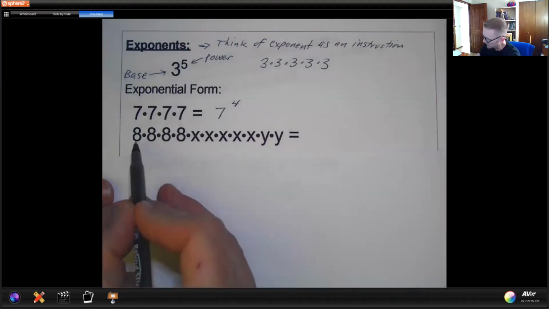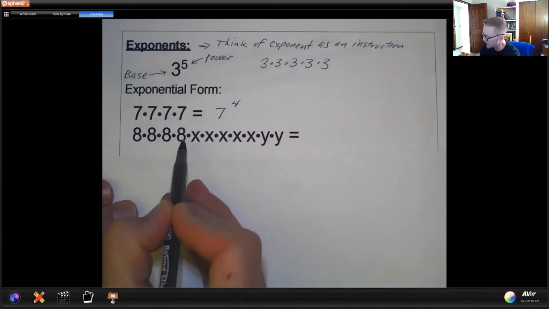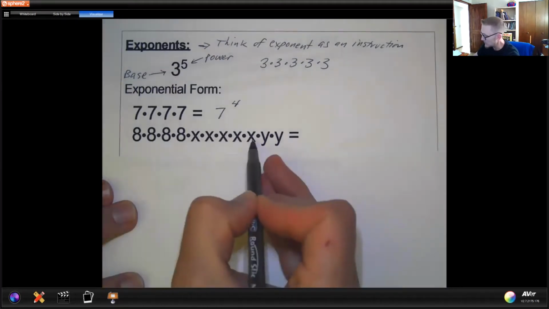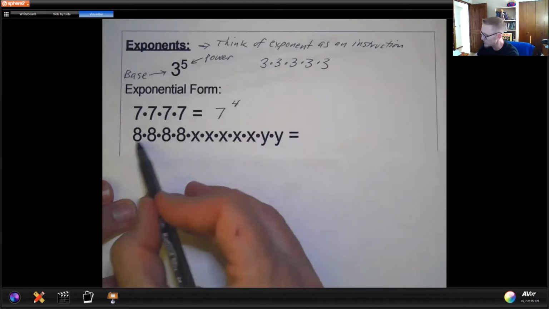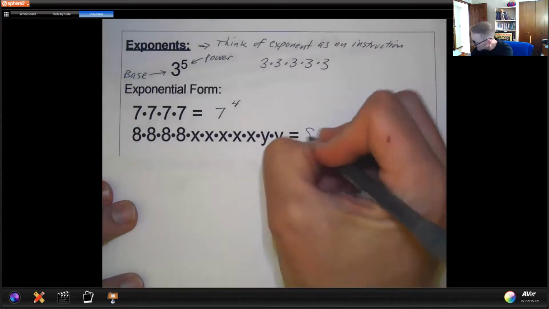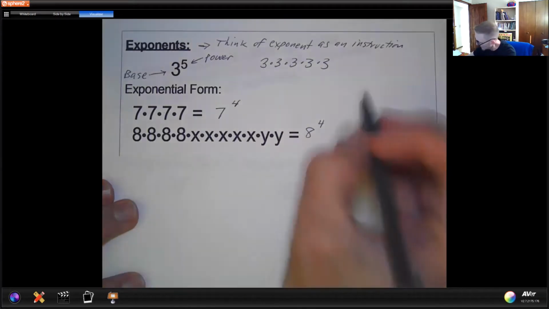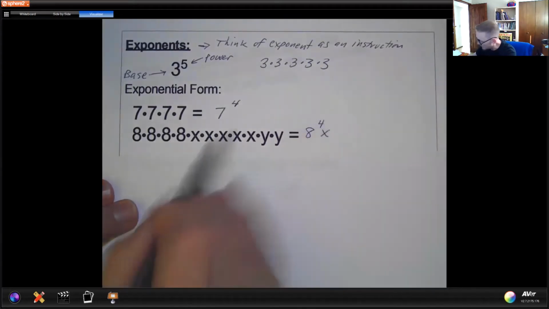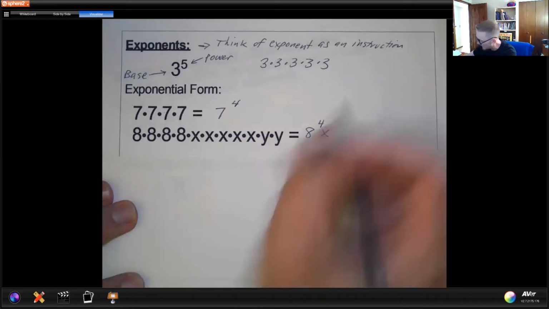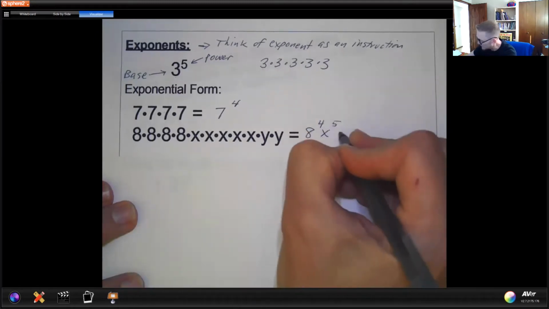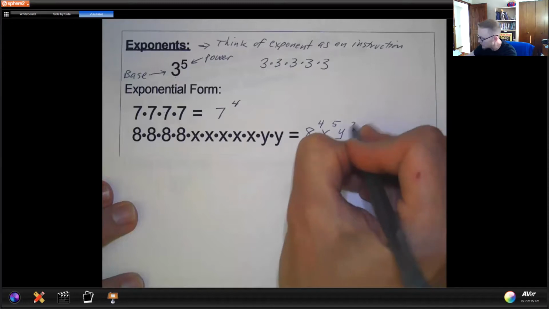Now this one here, I have the 8s multiplied, then a series of x's, then a series of y's. So this is a common base. So that is 8 to the 4th power times x to the 5th power times y to the 2nd power.